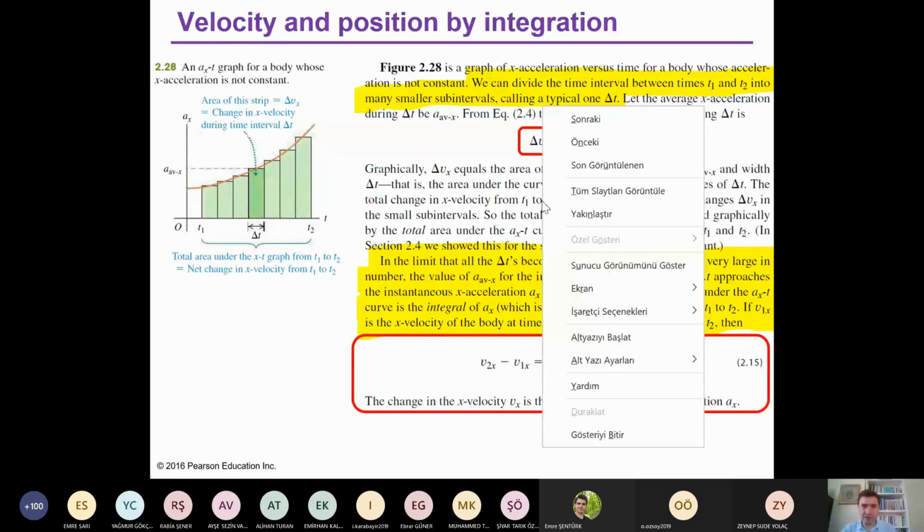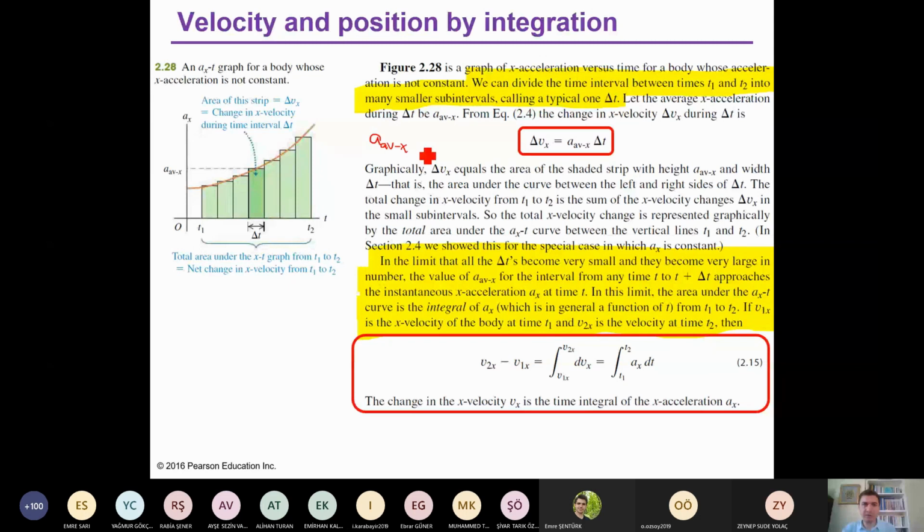Let me write it here. What was the definition of average x acceleration? Delta Vx over delta t, right? And if I take delta Vx, the change in the velocity, you will get this expression, a times delta t.